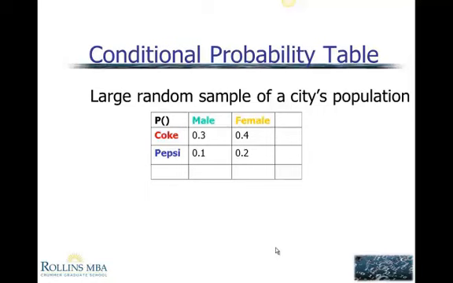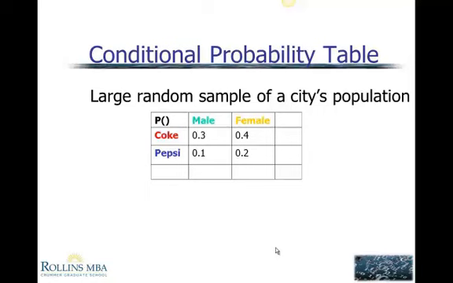And we take this data from a large random sample, presumably representative of the city's population, and we start to capture some information based on the relative frequencies, the relative proportions of things, and we start to populate now a table. And if you look at this, it might look like the output from a pivot table.